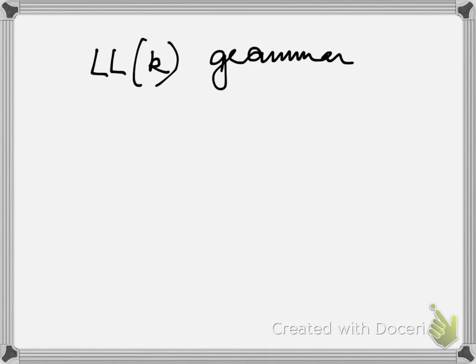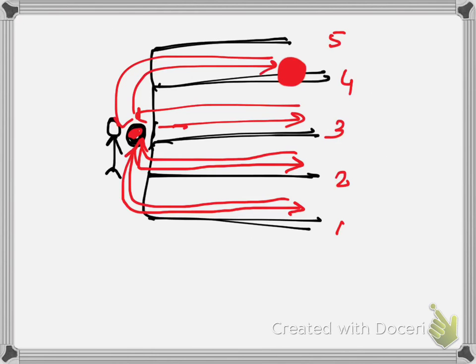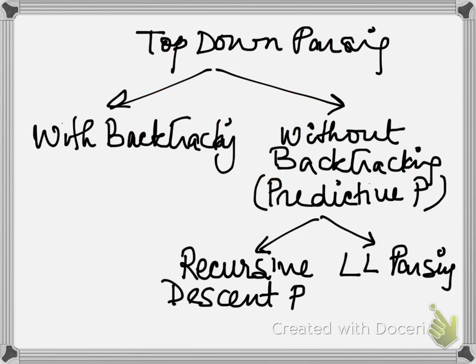In predictive parsing also, as I have mentioned here, there are two types: recursive parsers and non-recursive parsers. Recursive parsers use some kind of recursion, and LL parsing does not use any recursion. That's the difference between the two. Both use lookahead. Both recursive descent and LL parsing, that is, all predictive parsers, use lookahead.